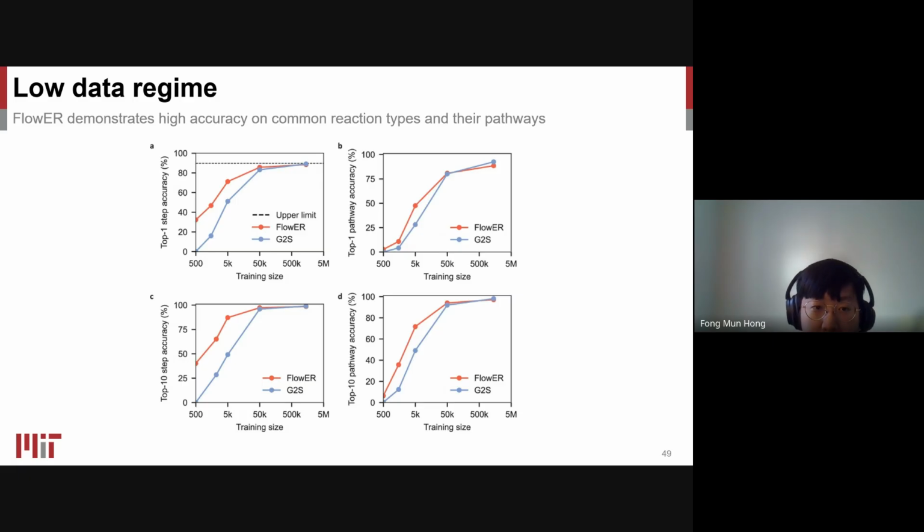This is by training on 500 and then predicting on a 220K test set. So we see a very high step accuracy recovery due to the inductive biases. The law of conservation and the representation itself actually help it perform this well.